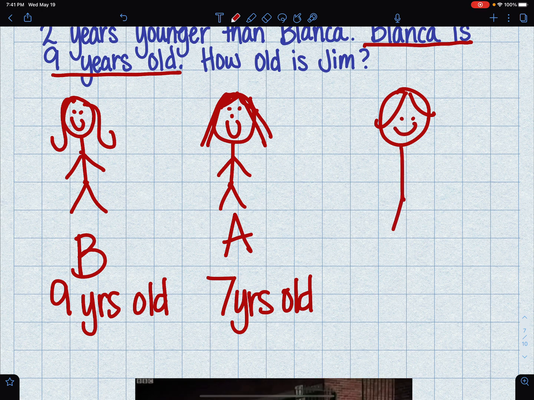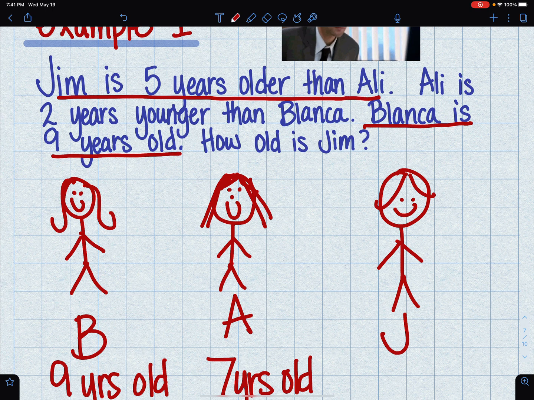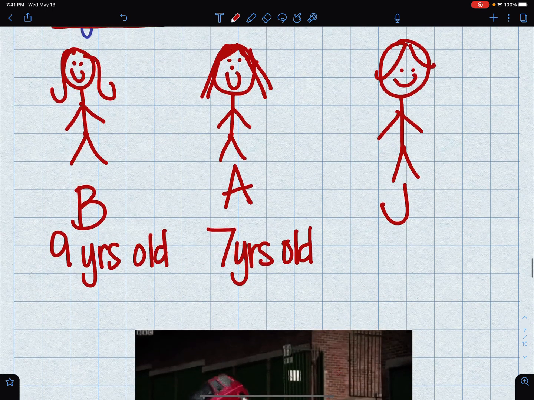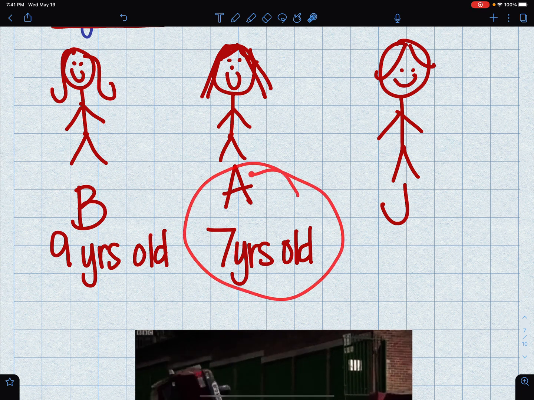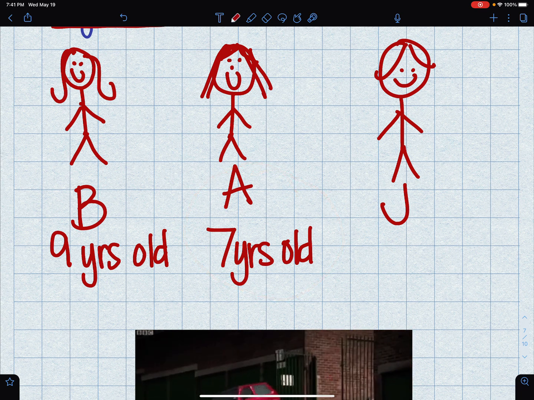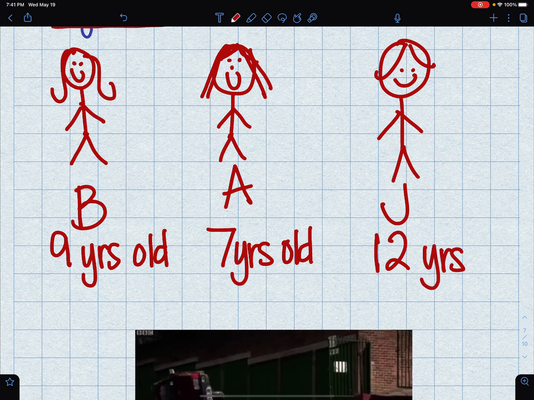Okay. Now, Jim, I'll just put a J for Jim. It says Jim is 5 years older than Allie. So, J for Jim. If he's 5 years older than Allie, this is Allie, she's 7. 7 plus 5 is what? He's going to be 12 years old.